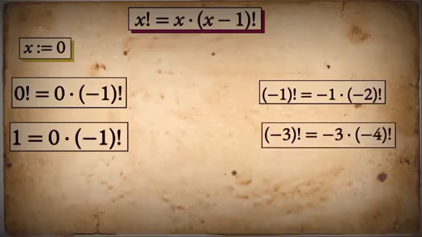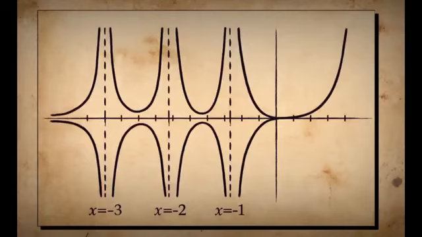Substituting x equals negative 3 gives the factorial of negative 3 equals negative 3 times the factorial of negative 4. This chain of contradictions tells us something important. The extended factorial function will have poles, vertical asymptotes, at every negative integer. The factorial of negative 1, negative 2, negative 3, and so on are all infinite or undefined. The extension we are building works for all real numbers except the negative integers.